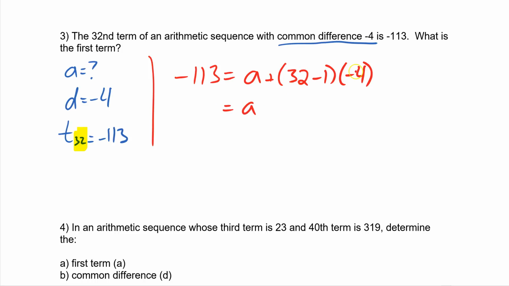So 31 times negative 4, I'll have a minus 124 is equal to negative 113. So now adding that 124 to the other side, I can solve that a is equal to 11. So that means that the first term in this sequence is 11, and by subtracting 4, subtracting 4, subtracting 4, by the time we get down to the 32nd term, we're all the way at negative 113.